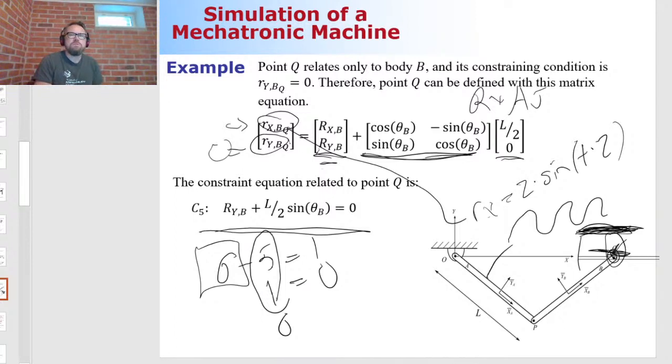The number of unknowns and the number of equations match, so that's all that I need. I can just use the constraint equations to solve the response of this kind of kinematically driven system. That's what kinematic analysis is about.